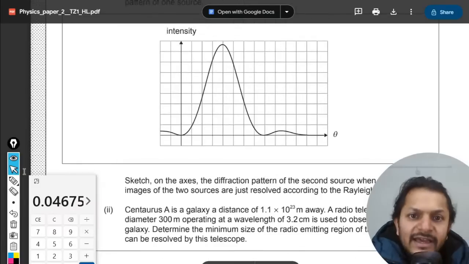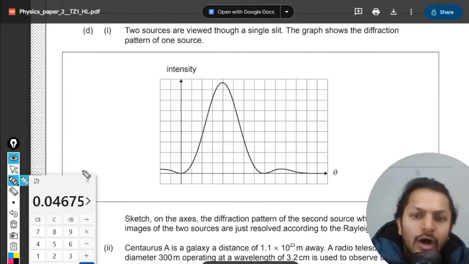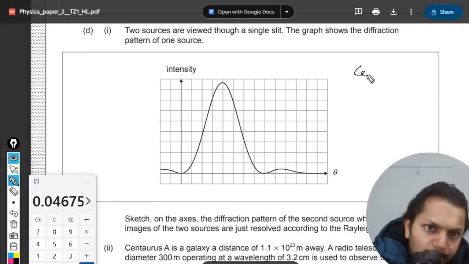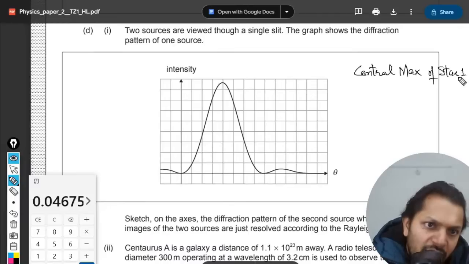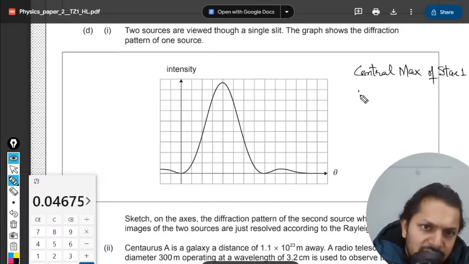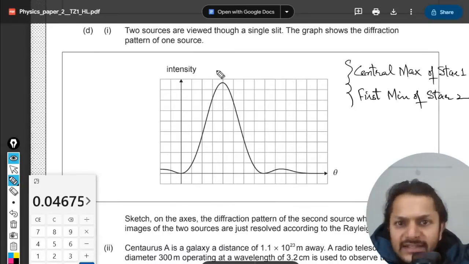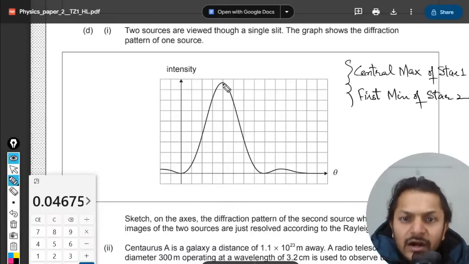Rayleigh criteria is that the images will be just resolved if the central maxima of star 1, or any star, overlaps the first minima of the other. Clear?